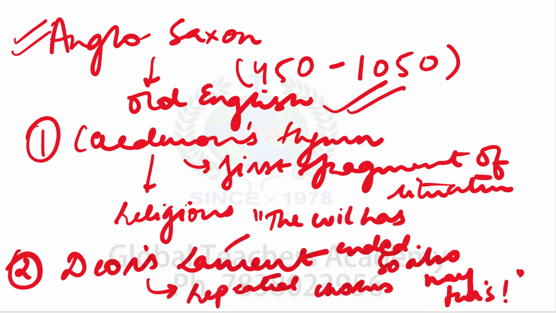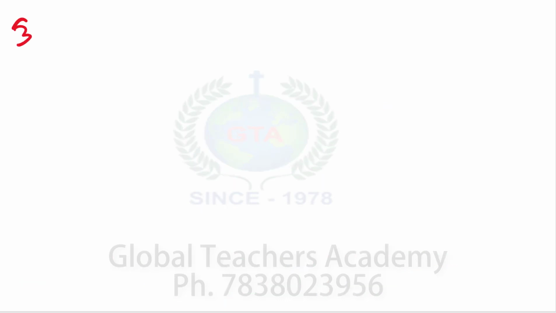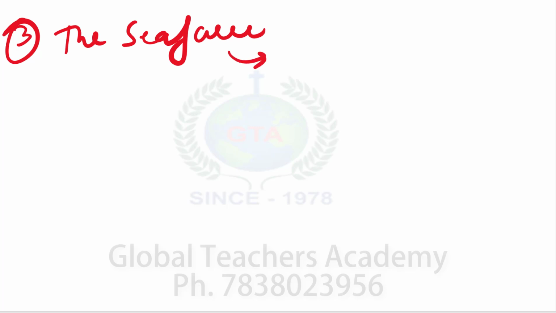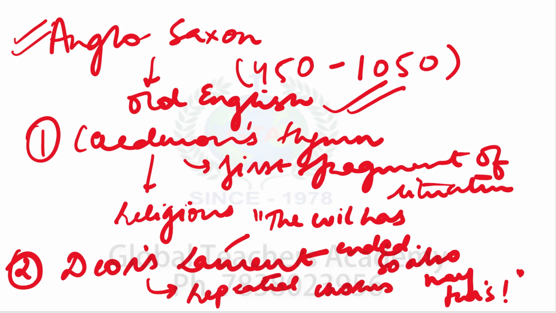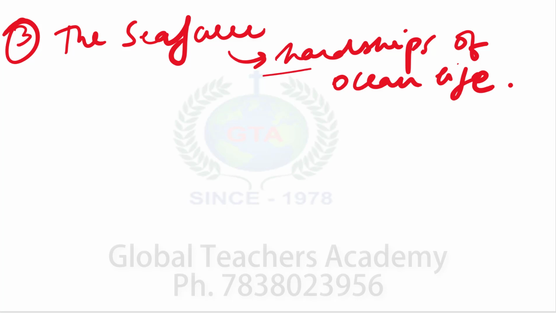Now moving on to the third one. The third text is known as The Seafarer, which talks of the hardships of ocean life. If we go back to the previous slide, Deor's Lament was also talking about realities of everyday life, and so does The Seafarer, where hardships of ocean life are discussed.